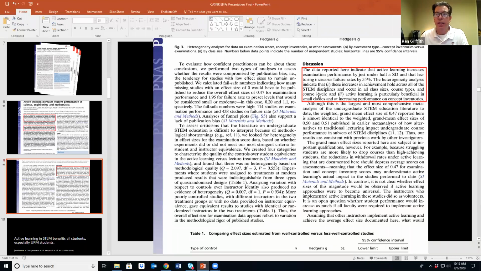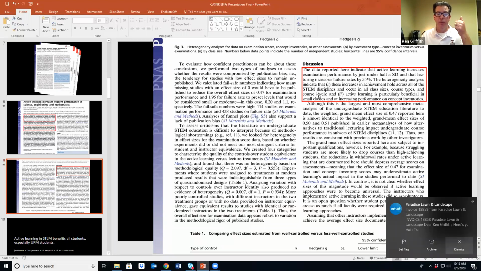That is a real selling point for me when I'm trying to convince faculty that active learning works and it's helpful. The very first response I get is usually, well, that's not going to work in my class for this reason. Well, my class is really big, or my class is really small, or I teach a lab, or I do a field class.